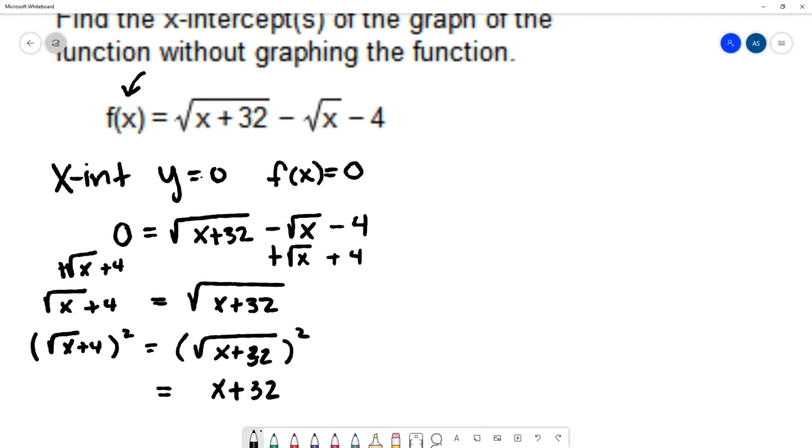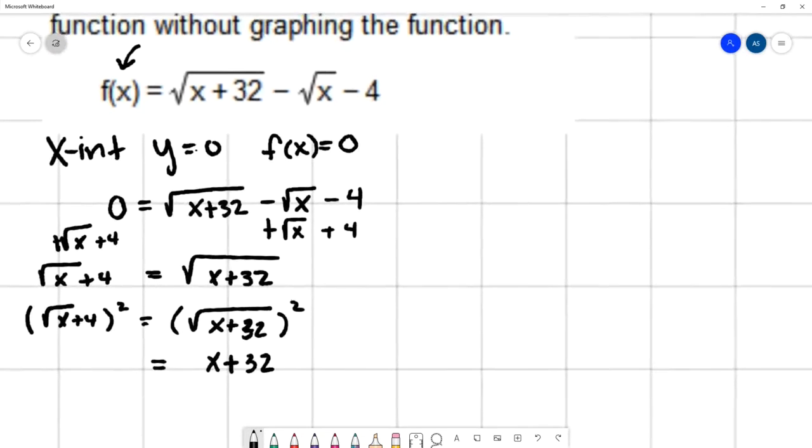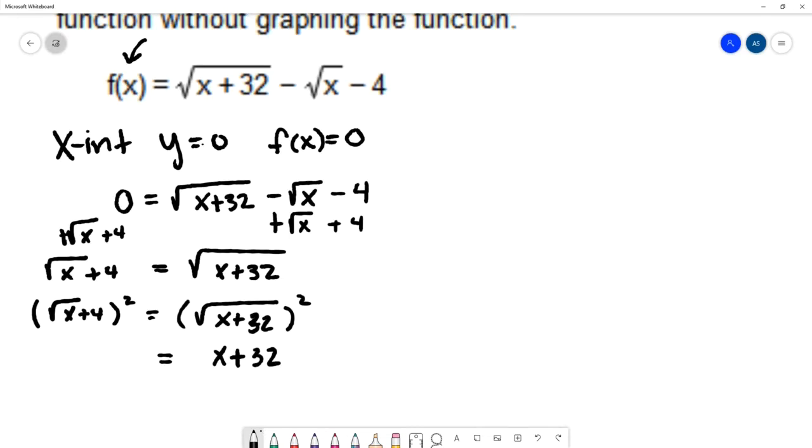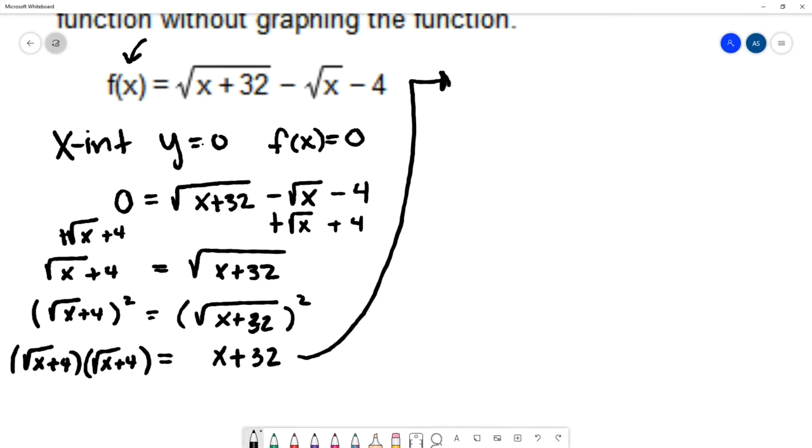On the left-hand side, we've got a little bit of algebra cleanup to do. Squaring means to multiply it twice, so that's square root of x plus 4 times square root of x plus 4. Let me come over here with some more space, and we're going to start to multiply that out.